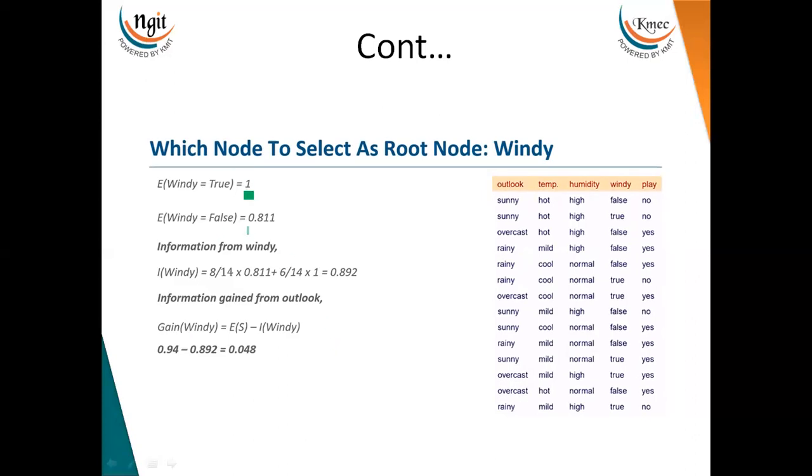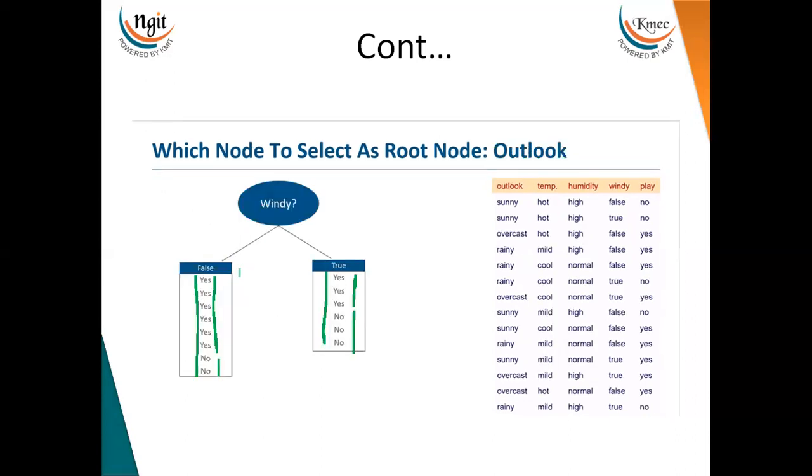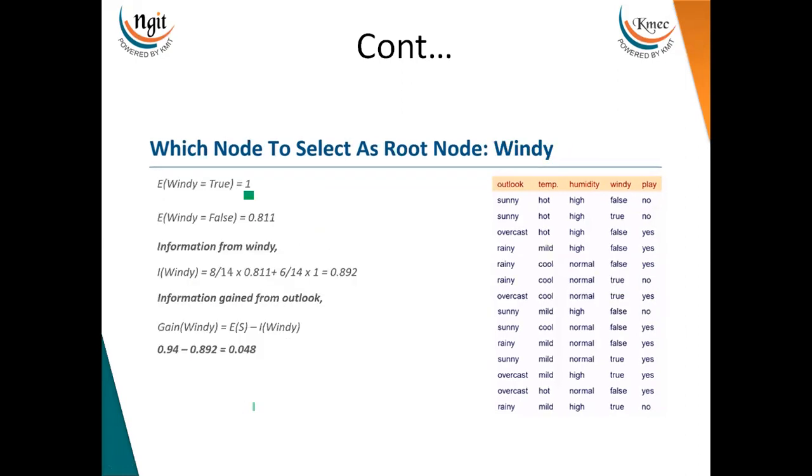Now for false, when we are applying the formula, out of the 8 values, 6 are yes, 2 are no. So by applying that positive and negative probability, we get the entropy of the false option as 0.81.